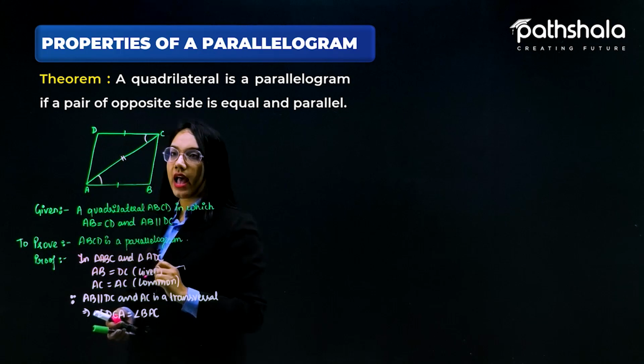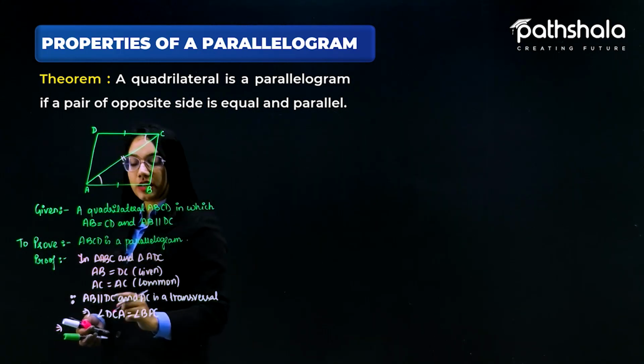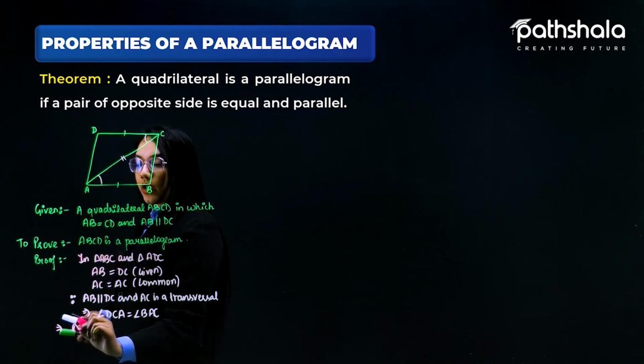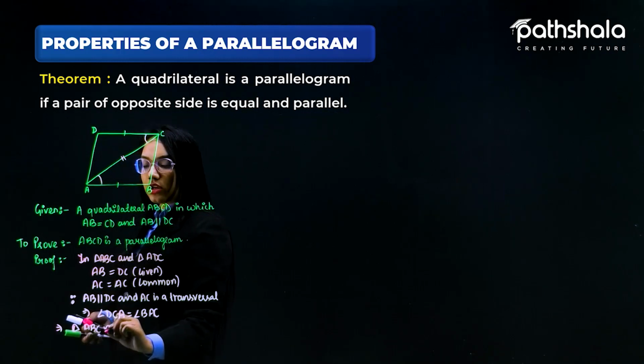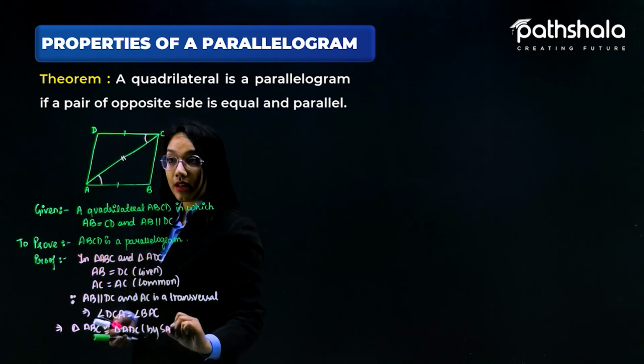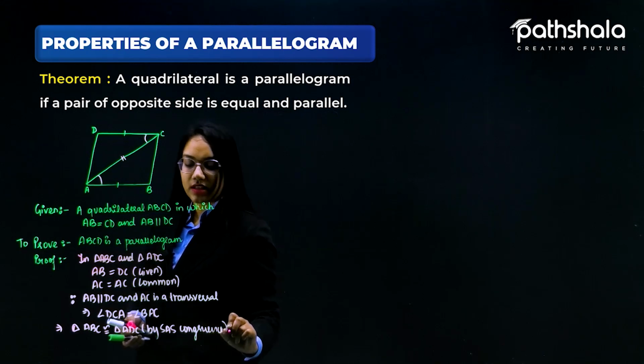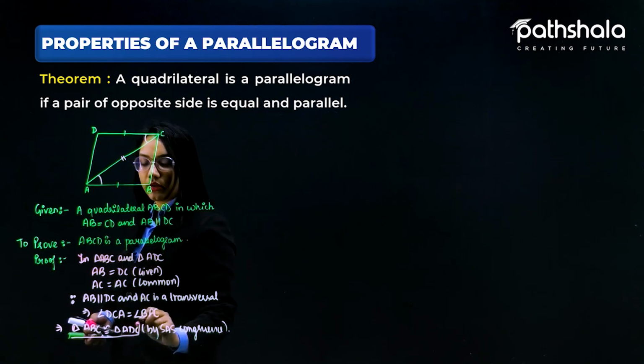So from these three things, we can say that the triangle ABC is congruent to the triangle ADC by the SAS congruence criteria. By SAS, the two triangles are congruent to each other.